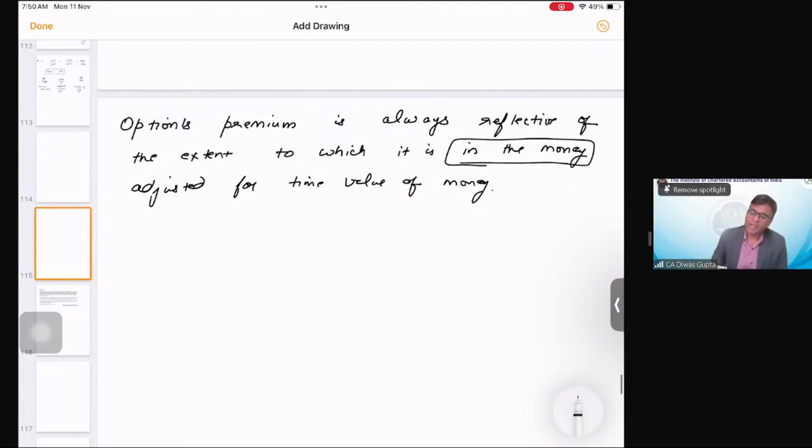So just try to remember this layman language. Basis this, you will be able to derive the value.